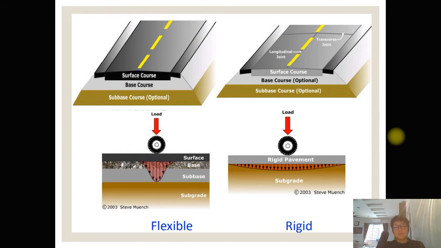Now, this slide gives you a very good overview of how a traffic load is transferred into the road structure. If you take a look at the flexible one, as I mentioned earlier in our lesson, the load on the flexible pavement is an elastic load. Let's talk about just one tyre.